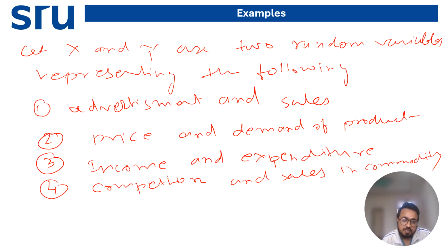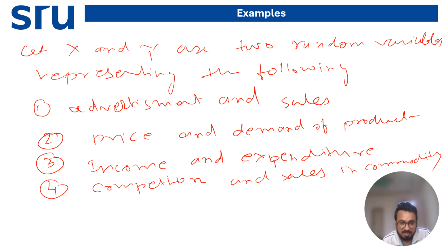Okay, so we can see that in all these cases we are interested in knowing whether the variables move together or in opposite directions. That means if the advertisement is more, then the sales will increase or decrease. If the price is high, then the demand of the product will increase or decrease. If the income is more, then what will be the effect on expenditure, whether it will increase or decrease.